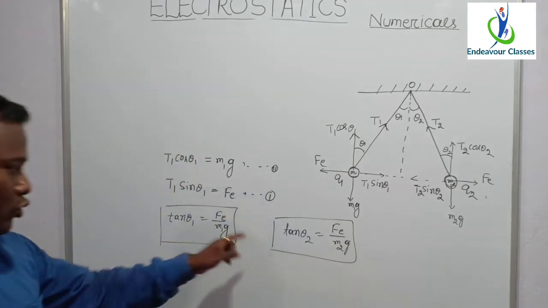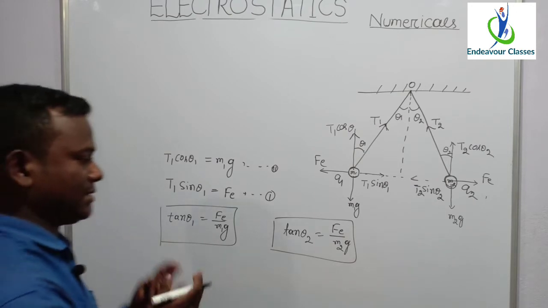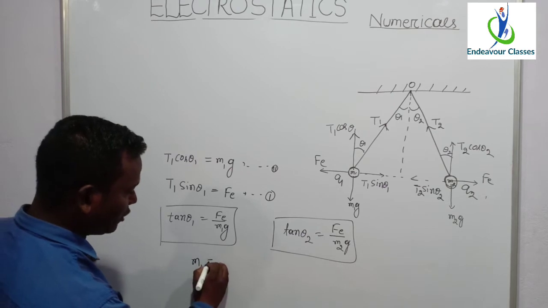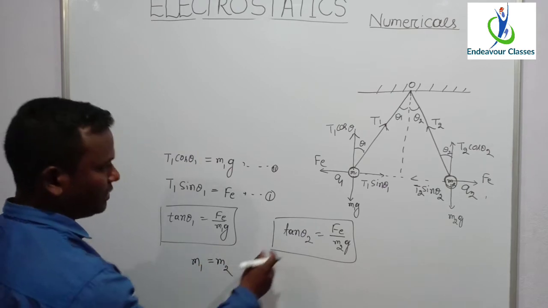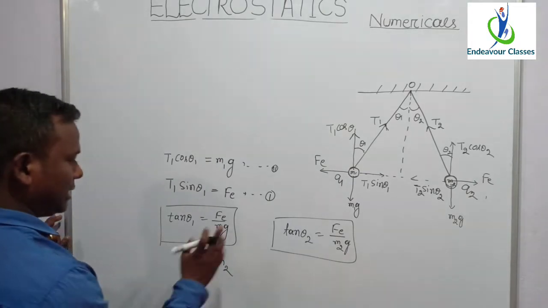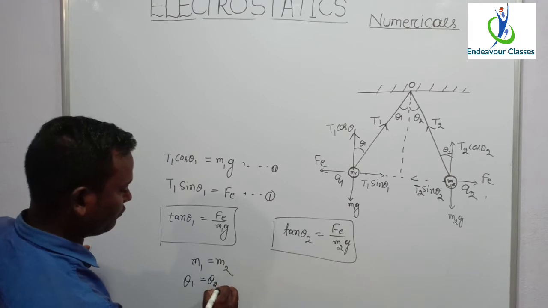Now from these two formulas we can compare the angles. If m1 is equal to m2, that means if the masses of both the charges are equal, under that condition θ1 will be equal to θ2.